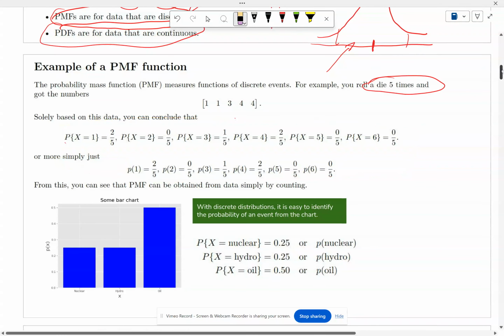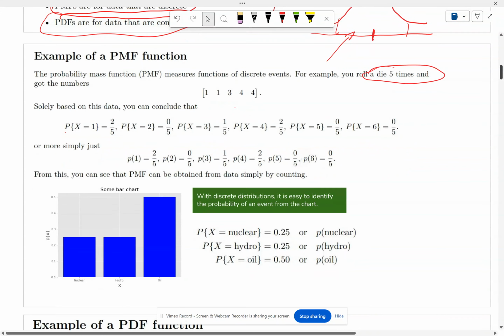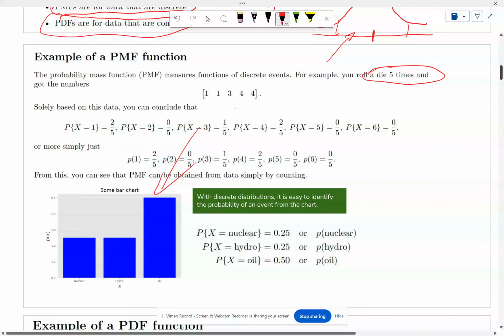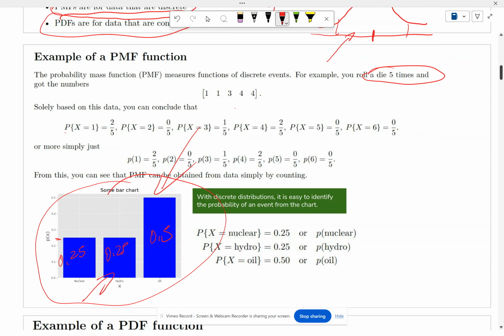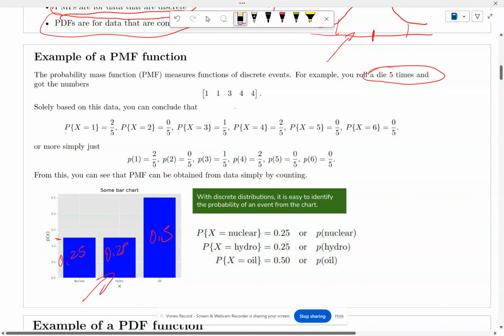From this, you can even look at it from the chart. With the chart, you can just say 0.4, 0.2, 0.4. So here's the chart. This chart is called a histogram. And from this chart, you can read it and essentially come to the conclusion of what the probability of various events are.